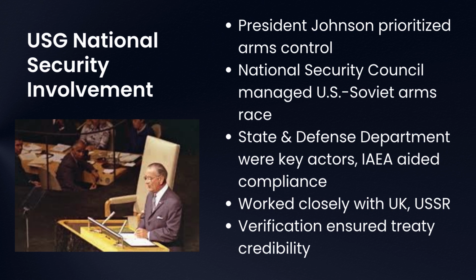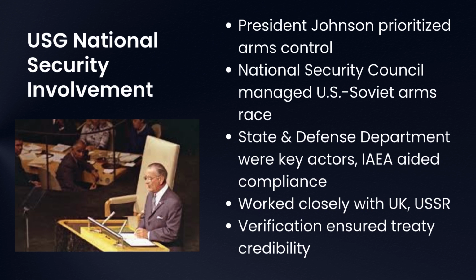President Lyndon B. Johnson's administration recognized the threat and pushed the National Security Council and federal agencies to act quickly. The Departments of State and Defense were instrumental in negotiating and promoting the treaty. The National Security Council's role was to coordinate US policy to ensure both security and global leadership.